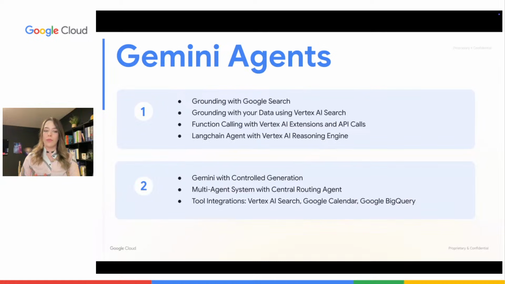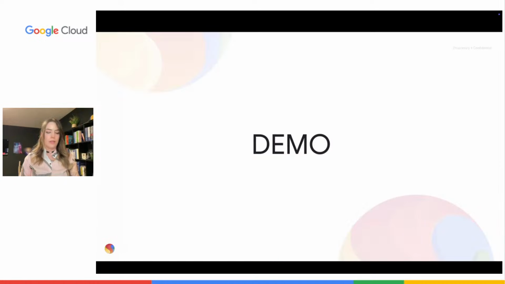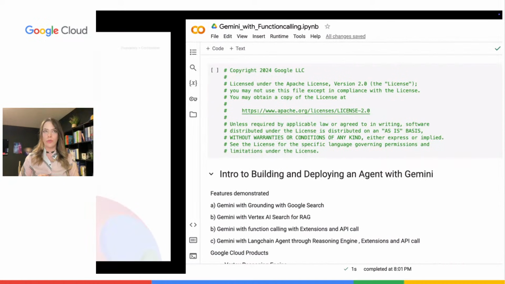The second demo will then walk through Gemini with control generation. So we're going to do function calling DIY, also to understand how we handle the tool and the function calls. And we're going to explore a multi-agent setup with different tools, including Vertex AI Search, Google Calendar, and Google BigQuery. All right, let's switch to the first demo here.